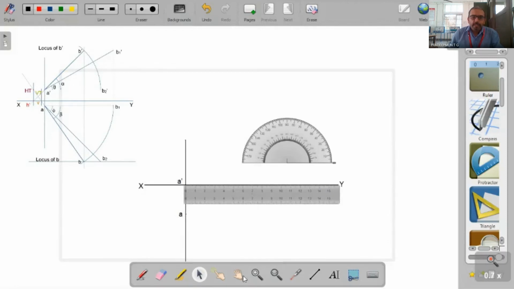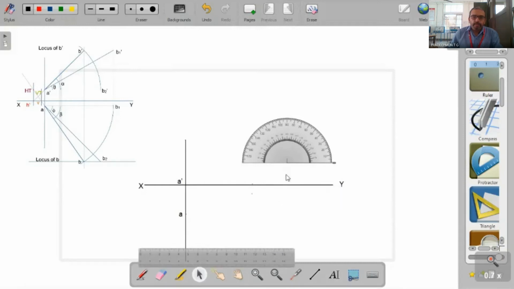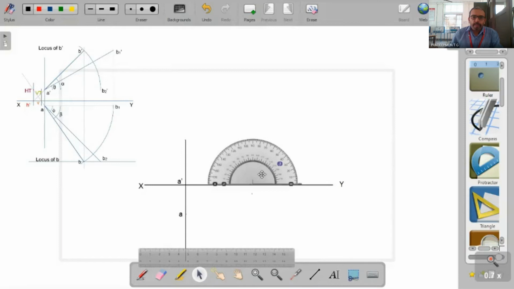Otherwise you may not be able to perfectly draw the perpendicular line. So mark the point on the XY line. Now from this point draw a perpendicular line.